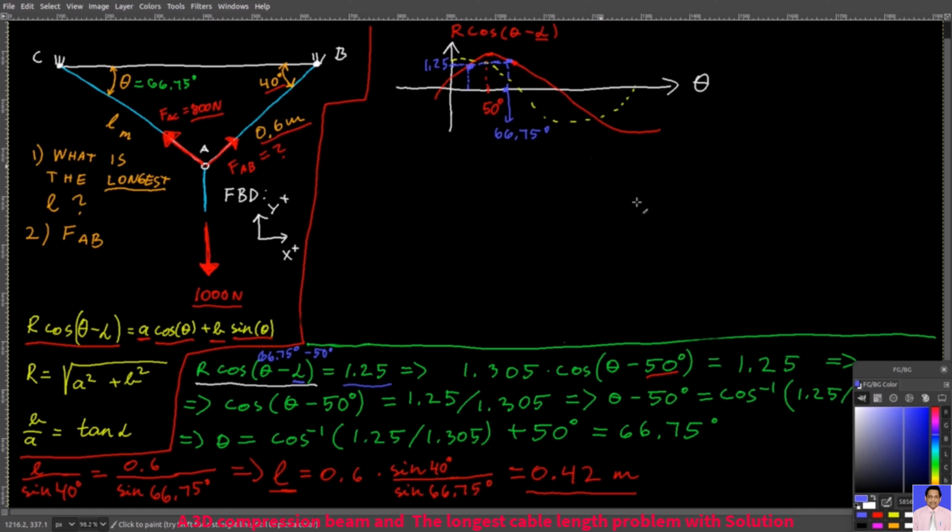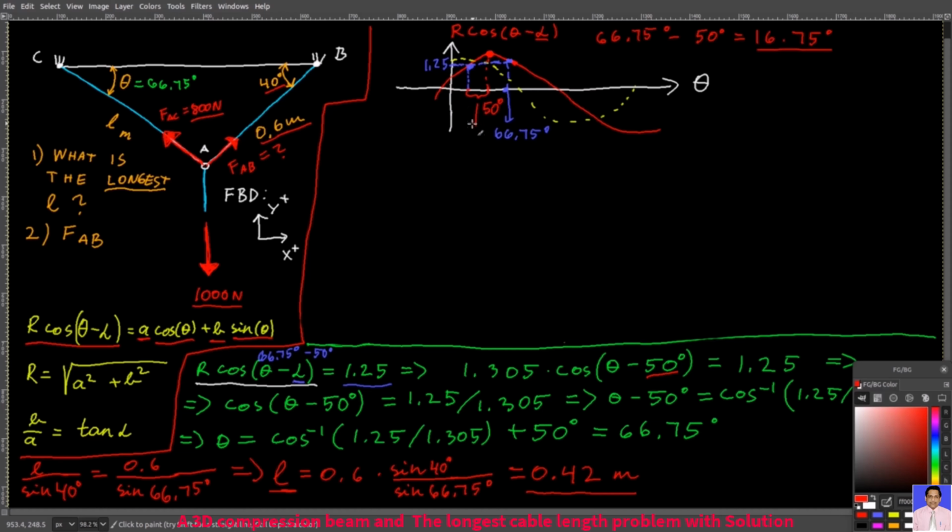And since at 50 degrees, you have the tip of your cosine function, you have symmetry here. The distance between 50 degrees and 66.75 degrees gives you 16.75 degrees. But you have the same distance between 50 degrees and that other point here.